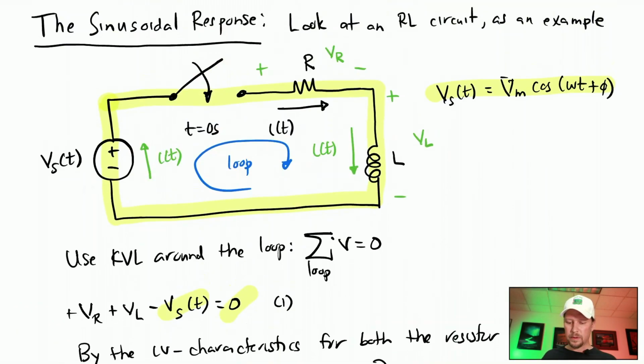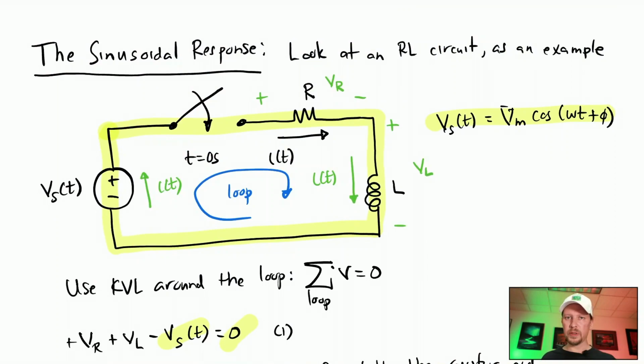If the input function, whether it be a voltage source or a current source, happens to be a sinusoid that looks like this, then every single other voltage and current, provided the network is a linear network, in other words, it is composed of linear elements like resistors, capacitors, and inductors, every single voltage and every single current, no matter how many components you have, will also be sinusoidal in nature. It will have the same mathematical form as that of the input function.